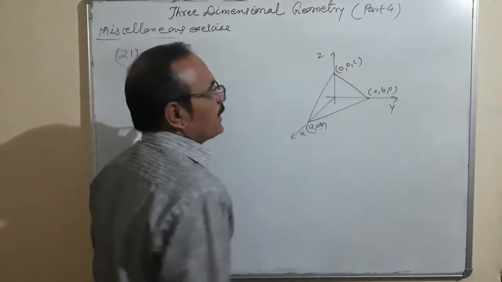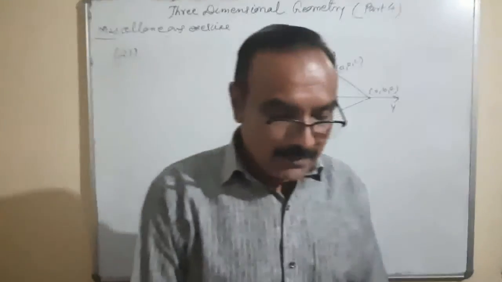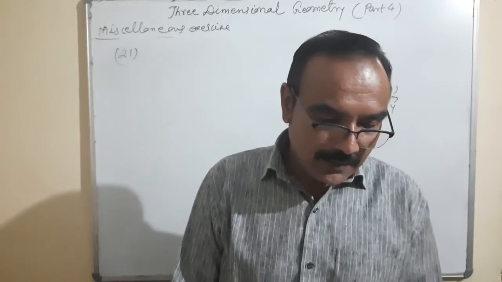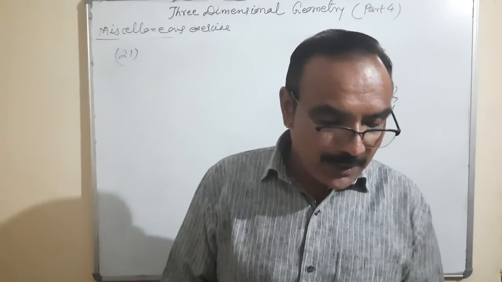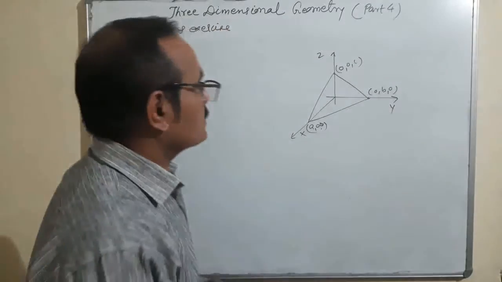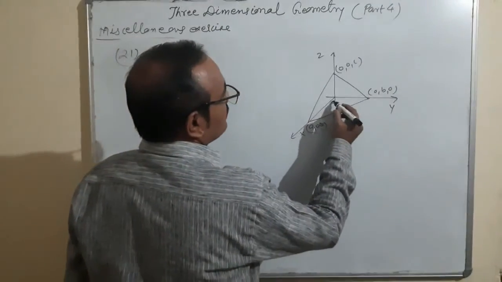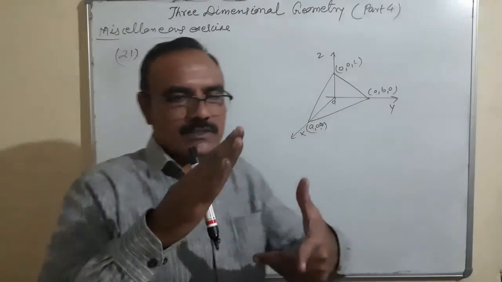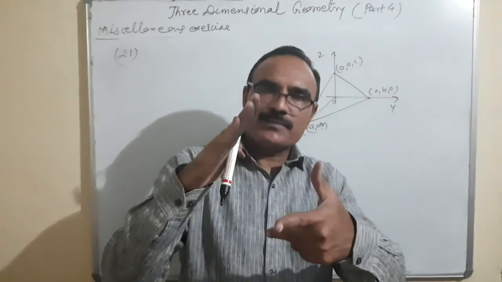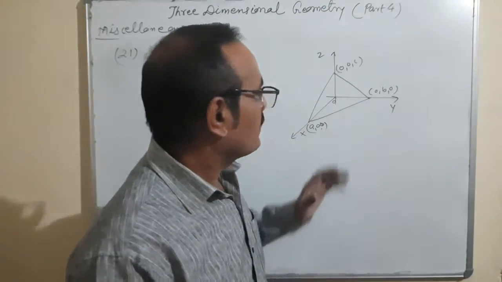This type of plane we are having. It is at a distance of p units from the origin. Suppose this is the plane, so the distance from the origin is p units.